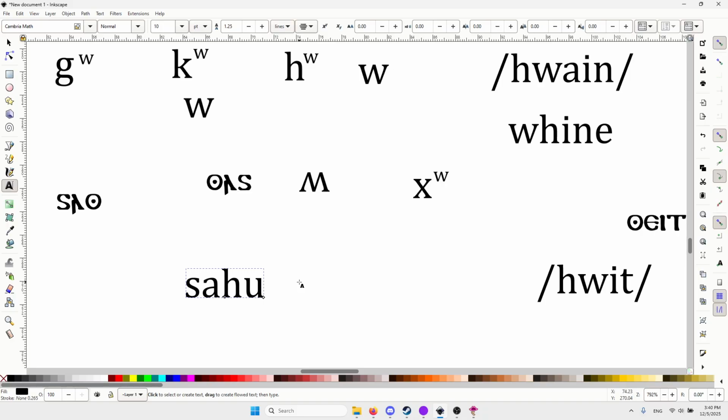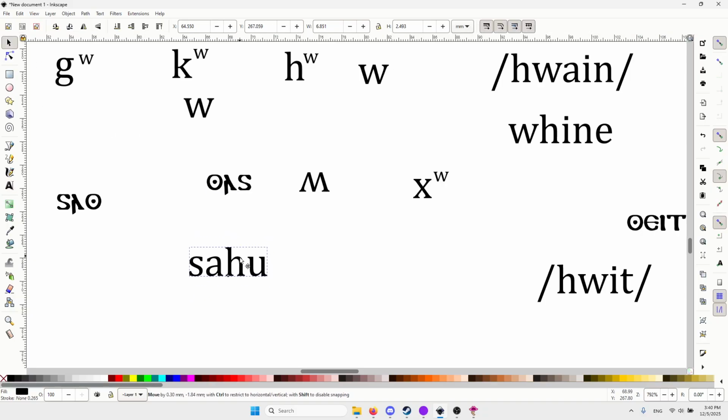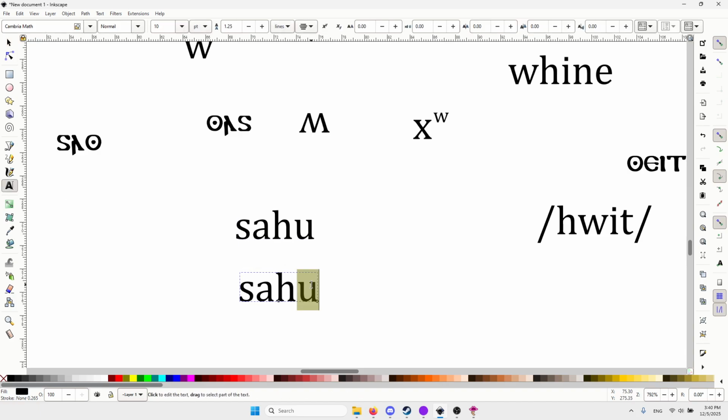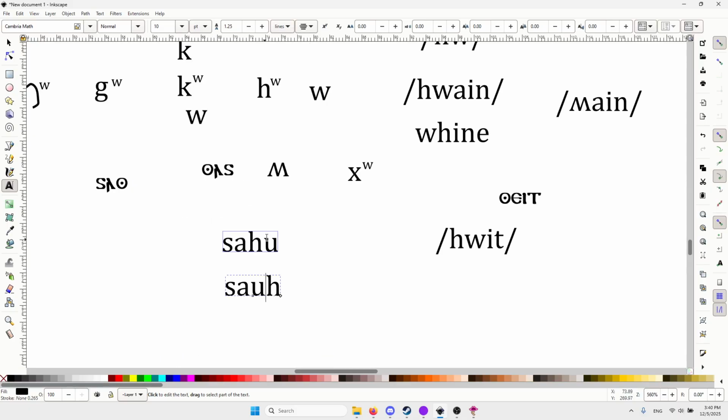I guess another way to say it is that sahu is approximately as close as sow. This isn't an actual sound that's being pronounced separately from the H. It's just one thing together.